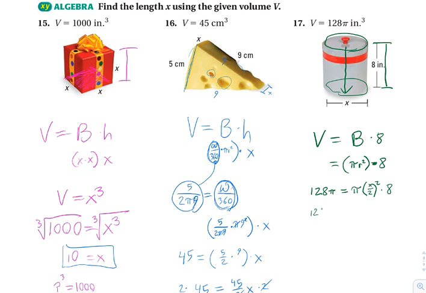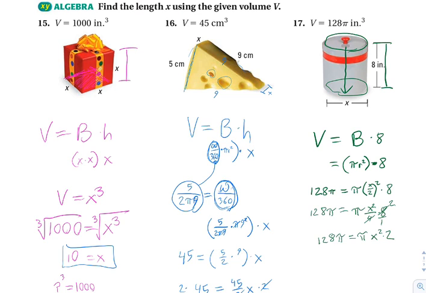So that's 128 pi equals pi times, if you square both these, x over 2 times x over 2, you get x squared over 4 times 8. So canceling, I'm going to put that 8 over 1 and multiplying. These reduce to a 2. So what I get is 128 pi equals pi times x squared times 2.